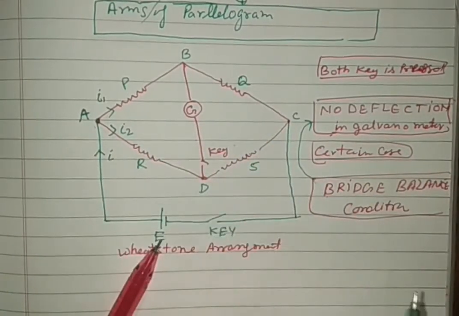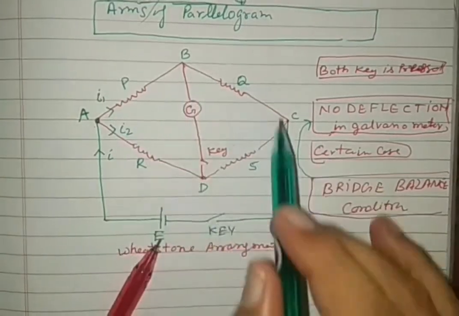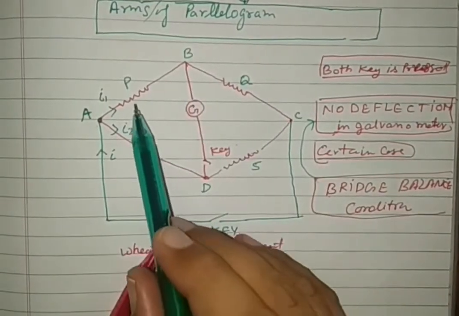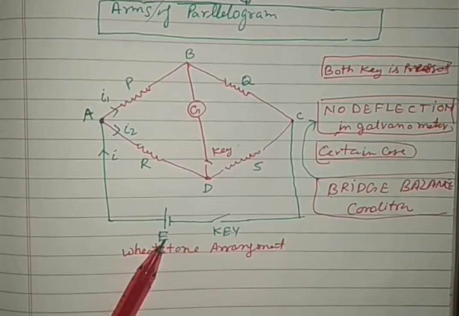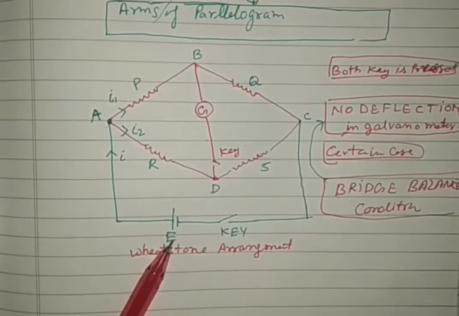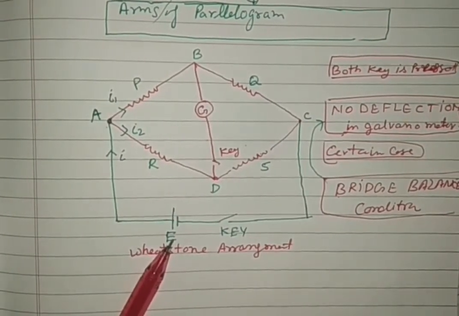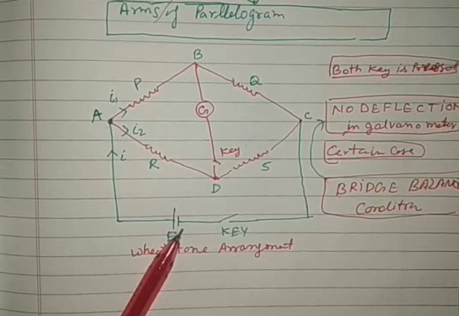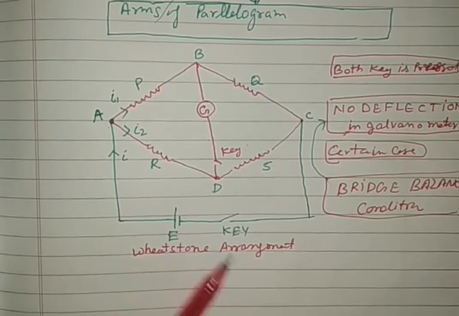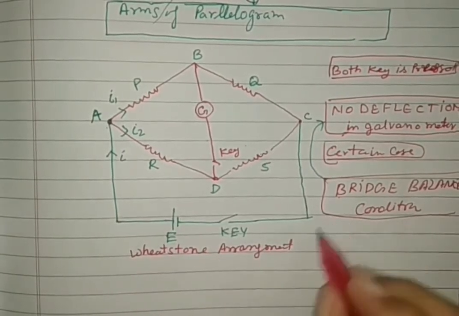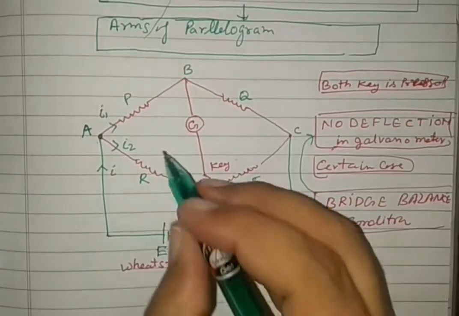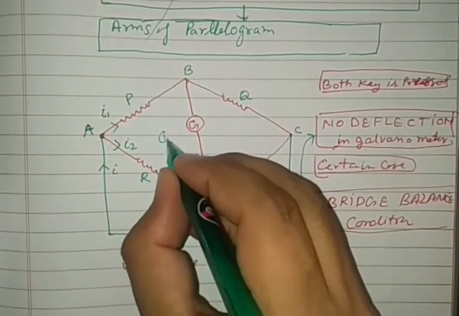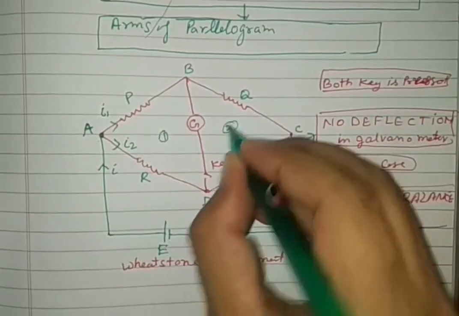It is obtained by selecting specific values of the resistances P, Q, R and S. Then it is possible only, right? Now, what is the condition of the bridge we are going to see? We have loop number 1 and loop number 2.